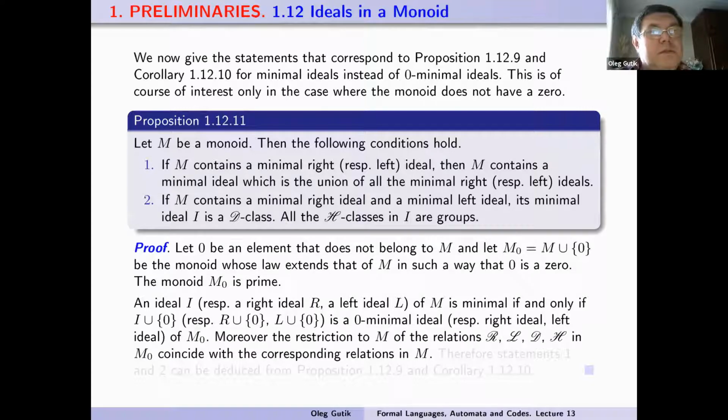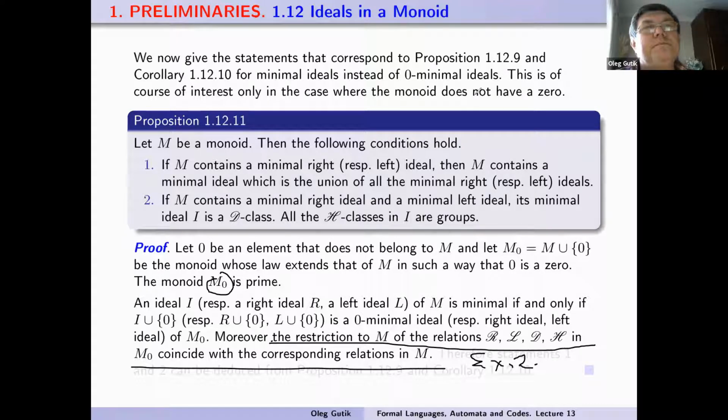Moreover, the restriction to M of the relations R, L, D, H in M0 coincides with the corresponding relation in M. I propose you to show that in the monoid M0 the following condition holds. Exercise 2.